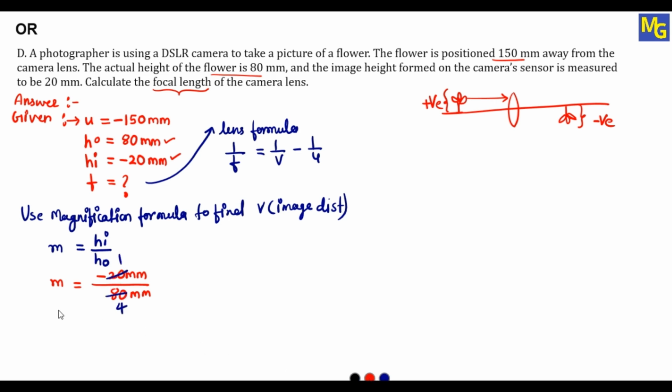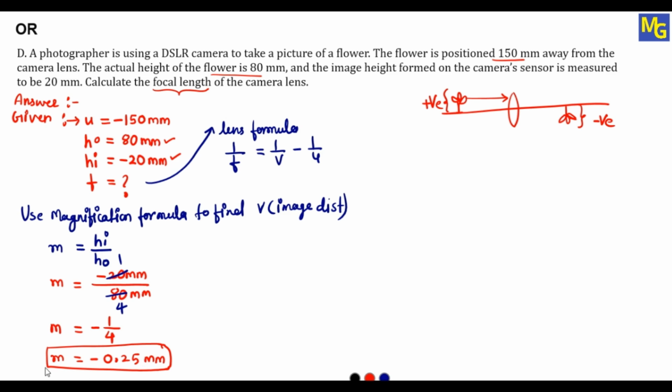So now we can write small m is equal to minus 1 by 4. This we can still solve and we will get small m is equal to minus 0.25. I hope you understood this. If you divide 1 by 4, you will get 0.25 and the negative sign stays as it is. So magnification is equal to minus 0.25.